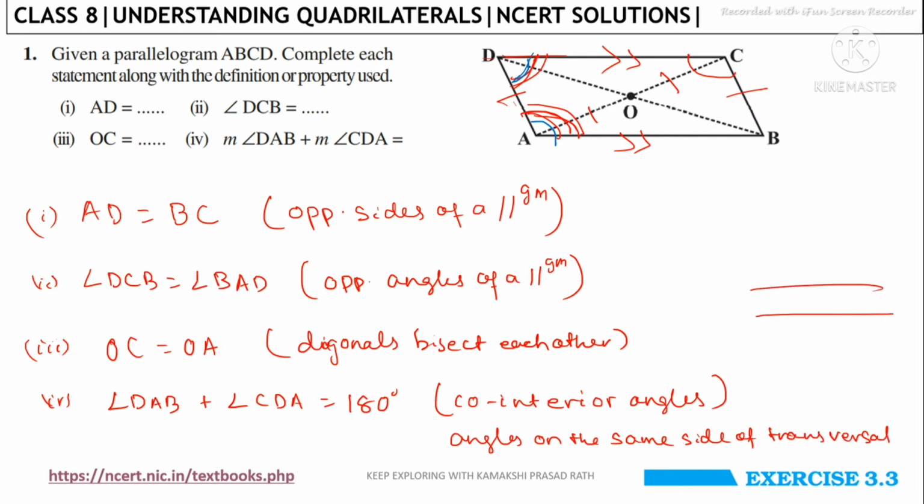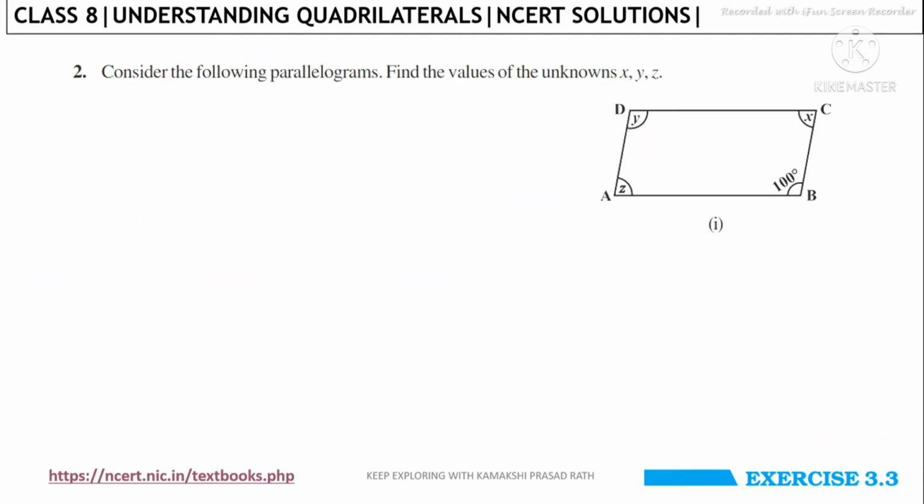As you know, if we have two parallel lines and a transversal, these two angles are called co-interior angles. So co-interior angles are always supplementary. Supplementary means the sum is 180 degrees. Let's see the next question.